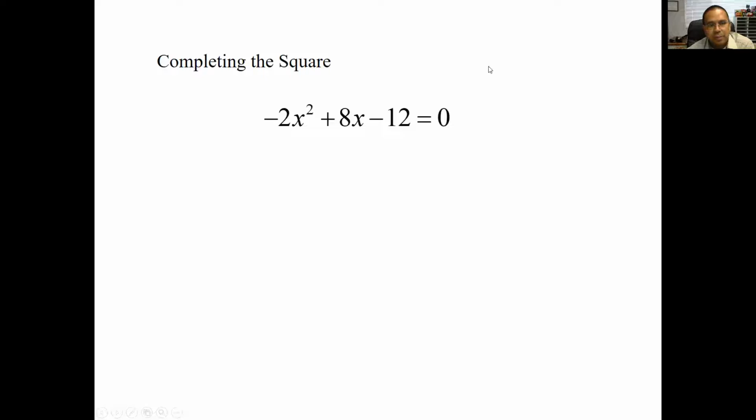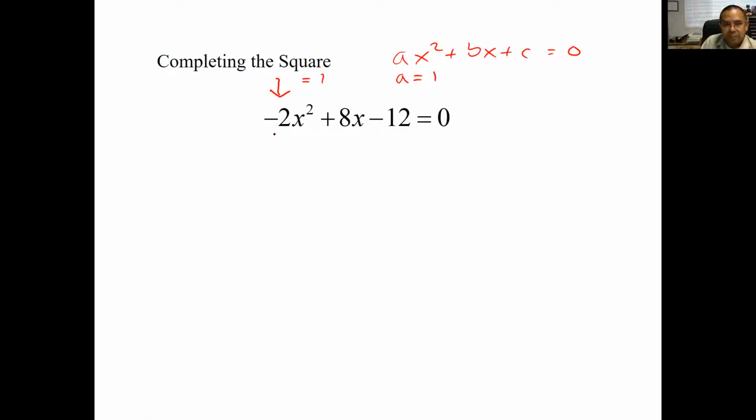What about completing the square? Divide by negative 2 first. Good. We need that leading coefficient to equal 1. So if you have ax squared plus bx plus c equals 0, your a has to equal 1.